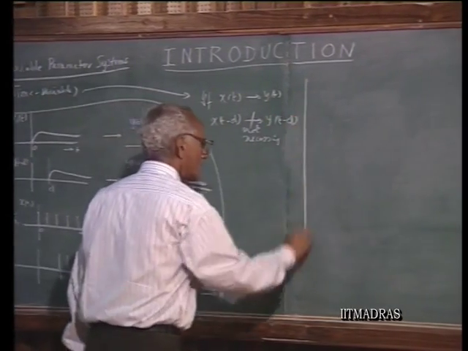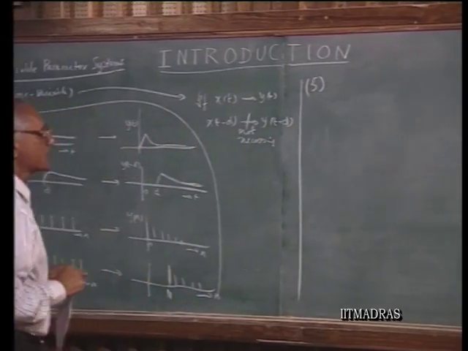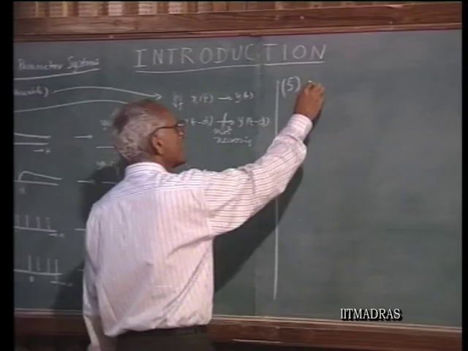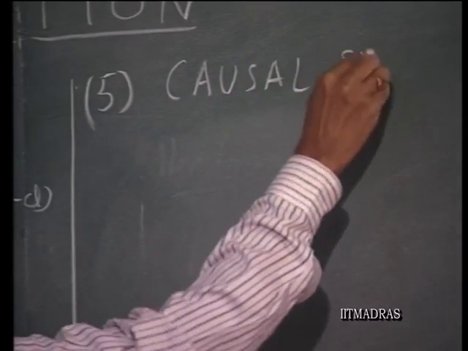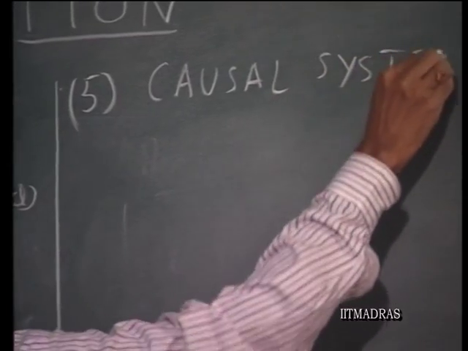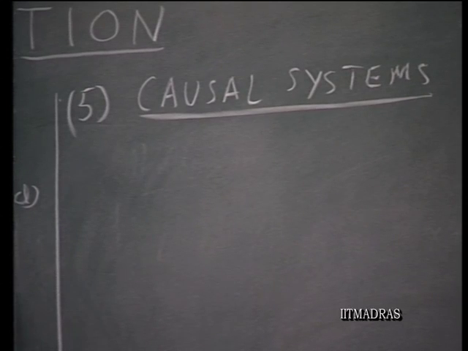The next property that we will talk about, the next classification of systems, is causal systems, and those which are not causal are called non-causal systems. A causal system is one which is defined as follows.